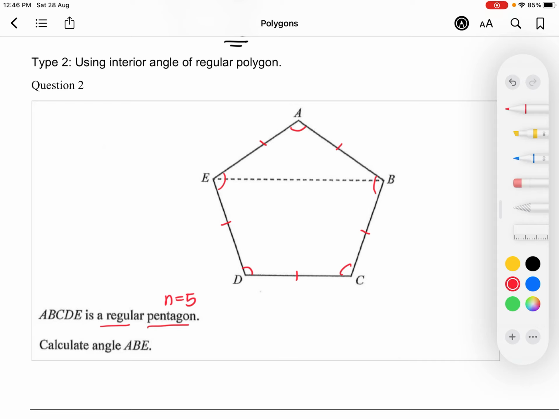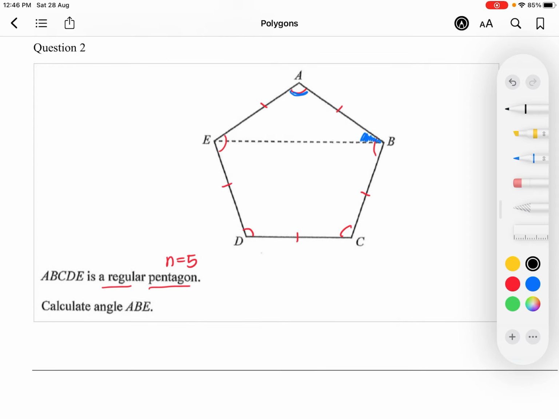So in this case, if they want me to find angle ABE, I should start with finding one interior angle first. Probably I'll try to find interior angle EAB. So one interior angle will now be given by n minus 2, where n is 5, times 180.